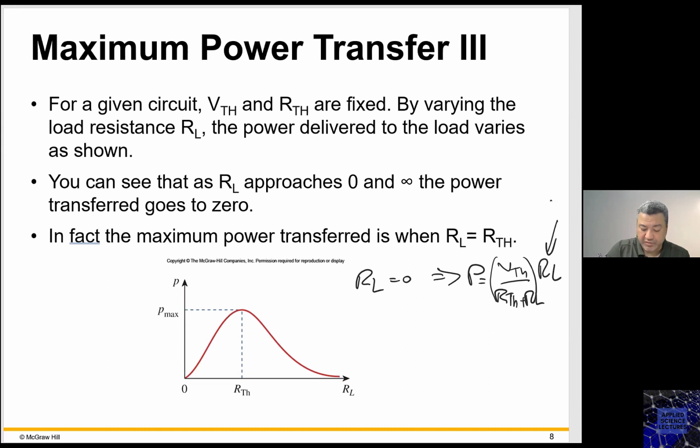So if this one is 0, then the power is 0. Now, if RL is infinity, which basically means an open circuit, the power also would be 0.